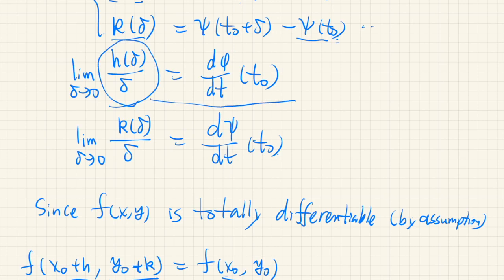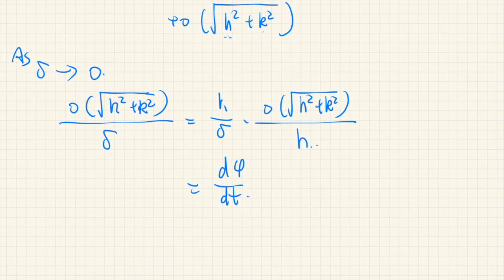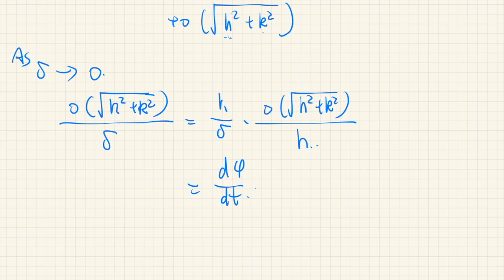This converges to this, and this part, since the numerator is little o, will converge to 0 faster than h. So this will converge to 0.